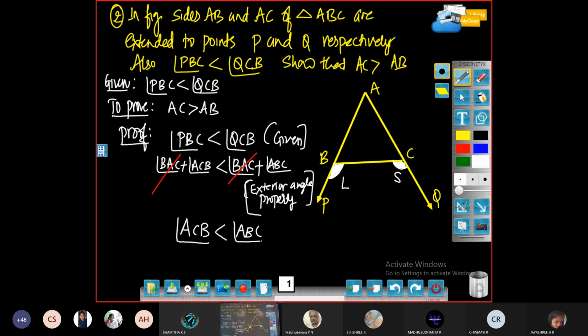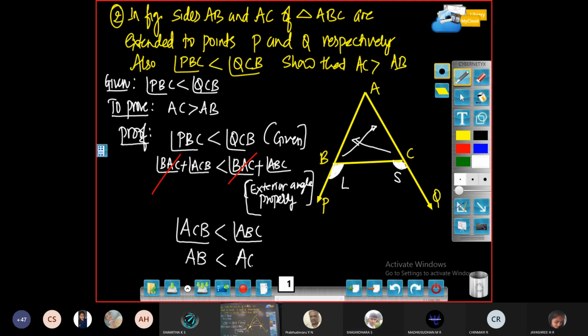Now, the side opposite to that one. For ABC, which is the opposite side, and for ACB, which is the opposite side? Sir, AB. So since ACB is smaller, AB must be smaller than the side opposite ABC, which is AC.